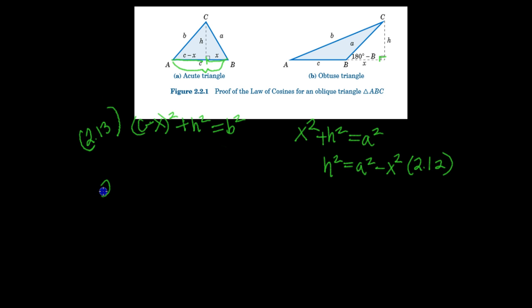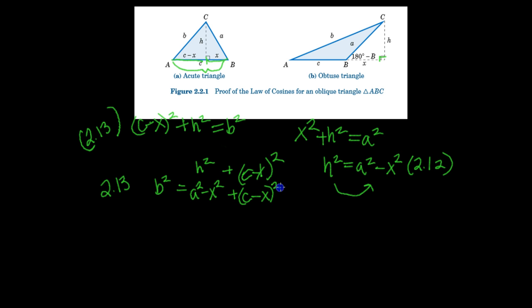So we're going to take it to equation 2.13, and I'm going to say b squared, and I'm going to substitute because it's h squared plus c minus x, oops, sorry, that's sloppy, squared, and I'm going to put in h squared, which is equivalent to a squared minus x squared. So b squared equals a squared minus x squared plus c minus x squared. If I expand that, I have to FOIL this out.